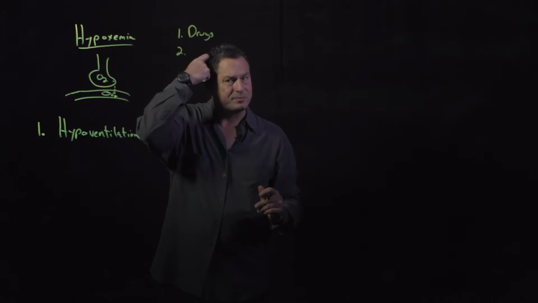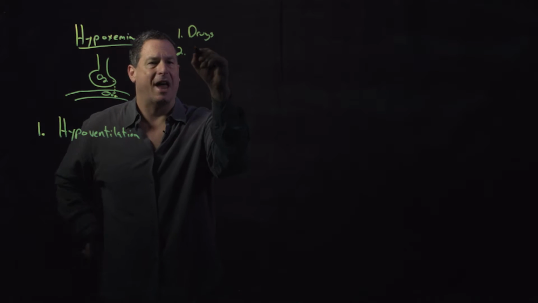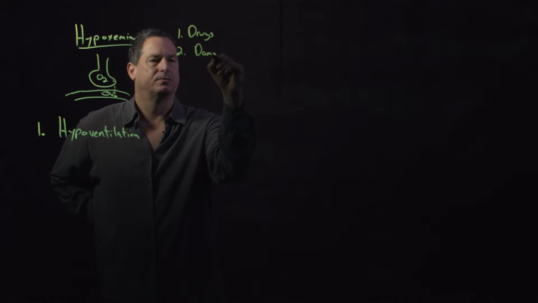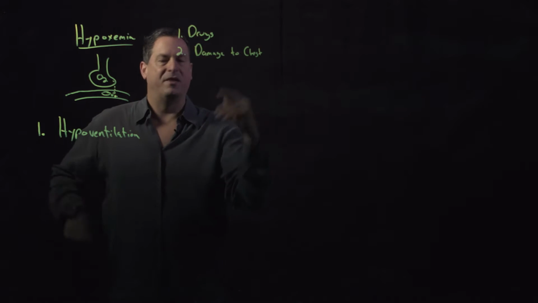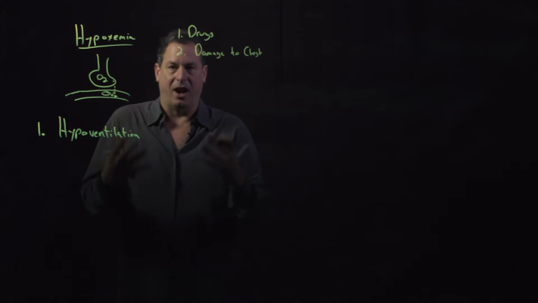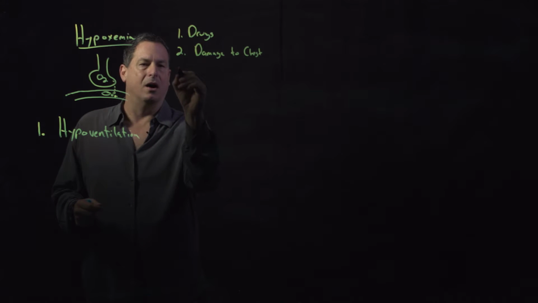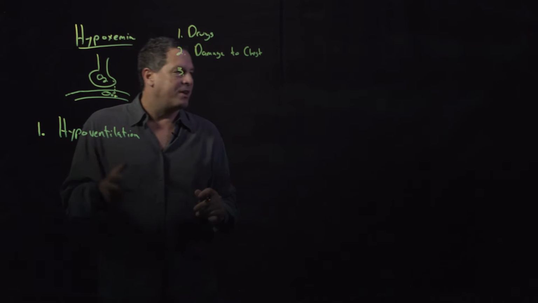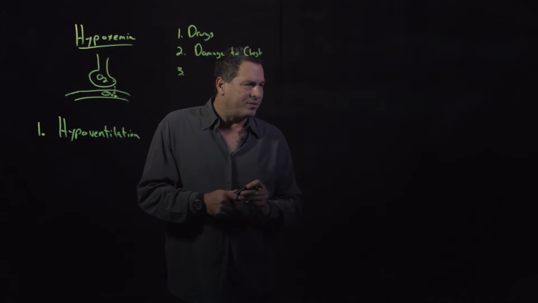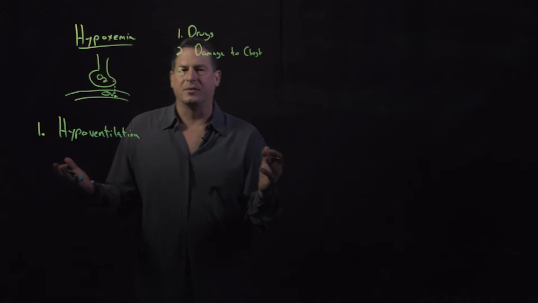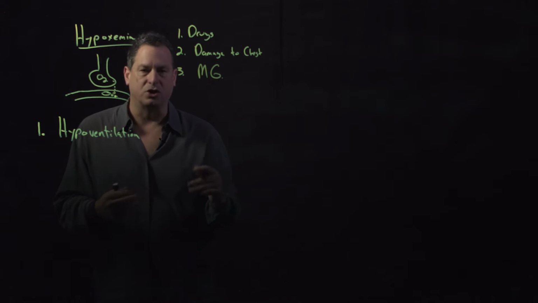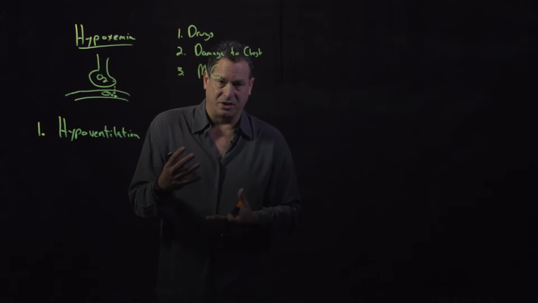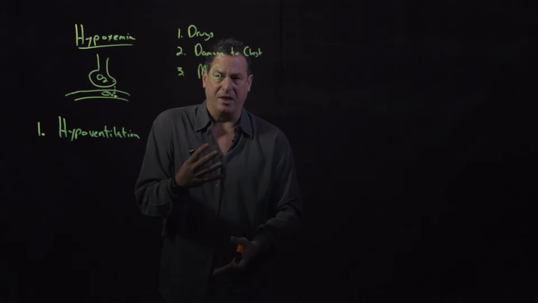Hypoventilation can occur if your patient has damage to their chest wall and they're not physically able to bring the air in and out. Hypoventilation can occur in diseases like myasthenia gravis, where there's a destruction of the acetylcholine receptors of the skeletal muscles and they can't drive the breathing pressures.